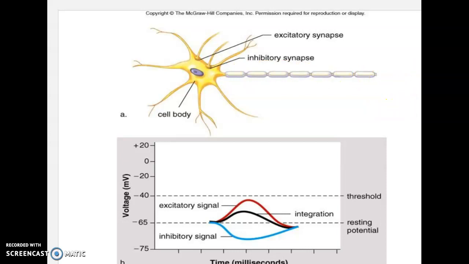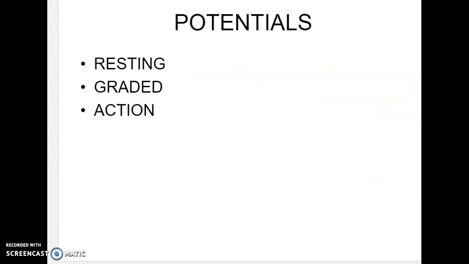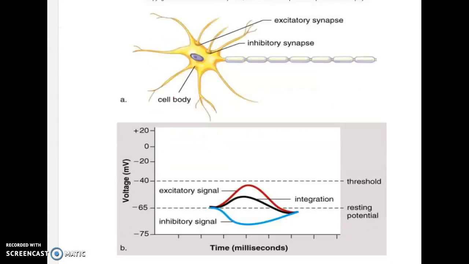Now, the next question is, what causes each of these potentials? And there are some videos I'm posting that talk more about the detail of this, but let me just mention them now. Resting potential is caused by what we call sodium and potassium leak channels that are found everywhere. Now, because it is such a negative number that makes up our resting potential, that means there's a lot of something positive leaking out.